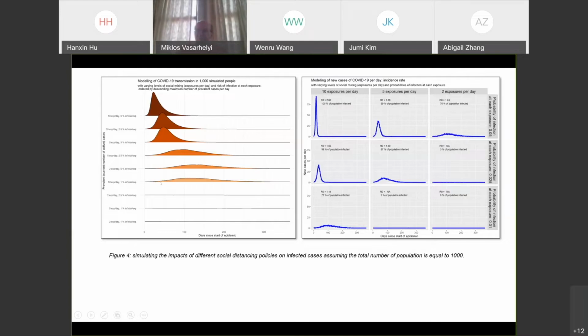And if we do the social distancing, we can see that the curve can be really flat. And this graph also reflects the same truth. This is our current work and framework. Thank you.